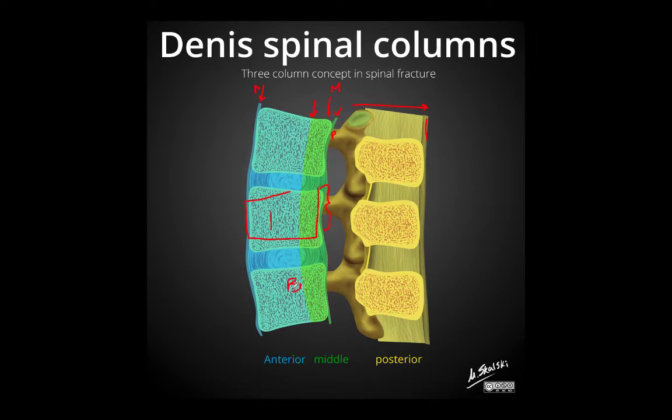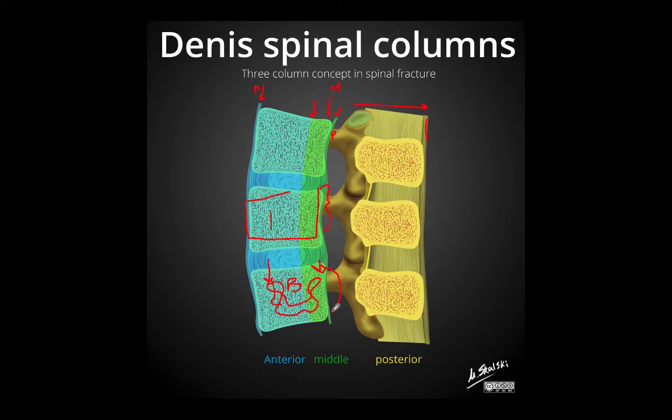A burst fracture is a comminuted vertebral body fracture, basically a fracture all through the vertebral body, decreasing the anterior and posterior vertebral body heights respectively, often causing retropulsion into the spinal canal. And burst fractures, because they involve two columns of the spine, maybe even three at times, are considered an unstable fracture pattern.